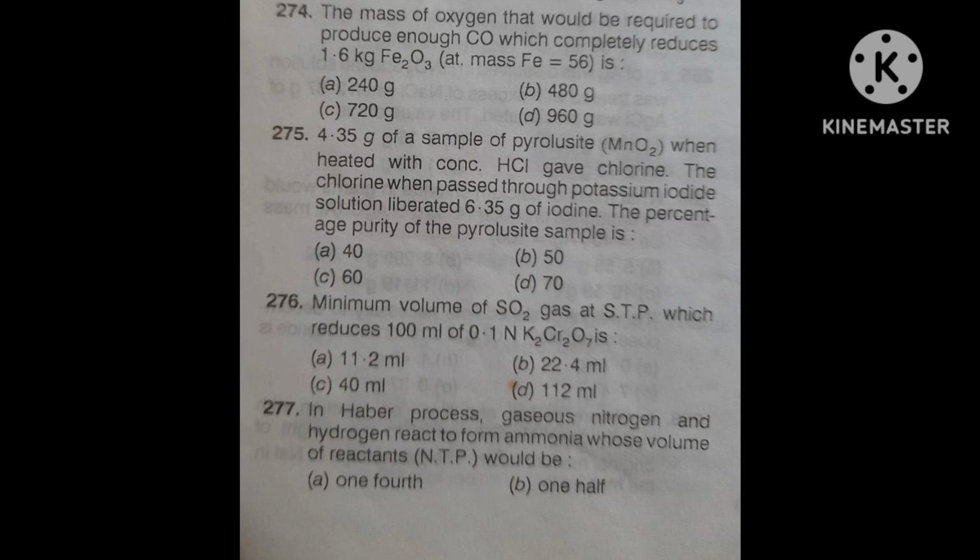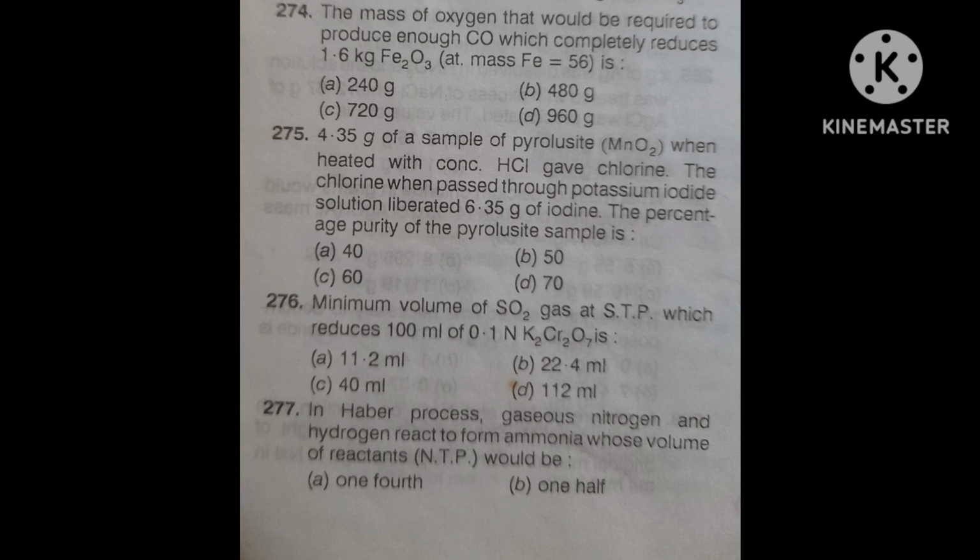Because according to the question, you have to calculate the mass of oxygen that would be required to produce enough carbon monoxide which completely reduces 1.6 kg Fe2O3. That's why carbon monoxide must be cancelled out.